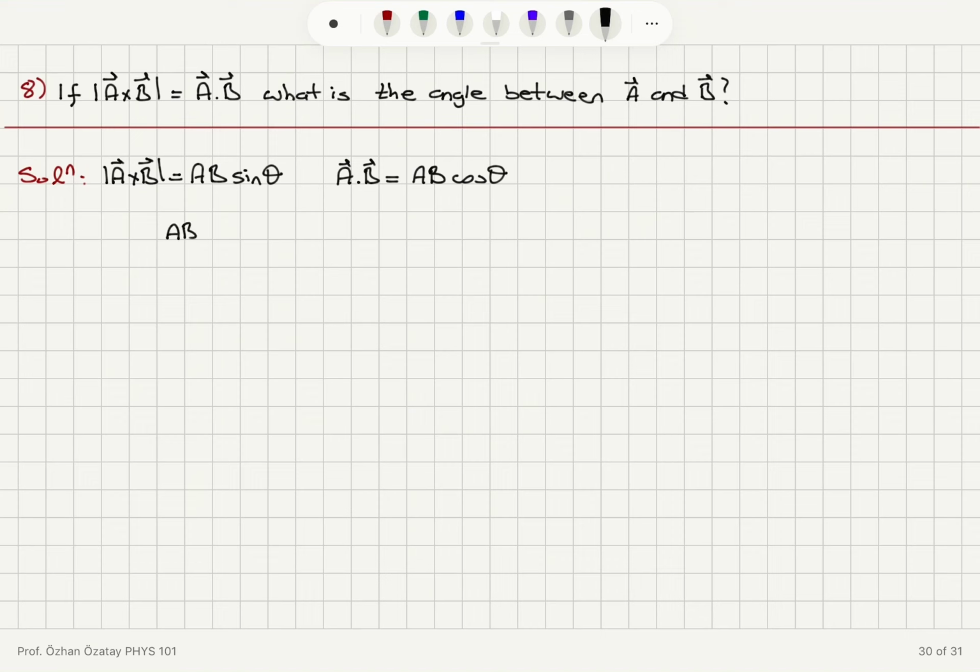So if these two are equal, AB sine theta is equal to AB cosine theta, we find that tangent theta is 1, and we know that this implies theta is equal to 45 degrees or pi over 4 radians. This would be our conclusion.